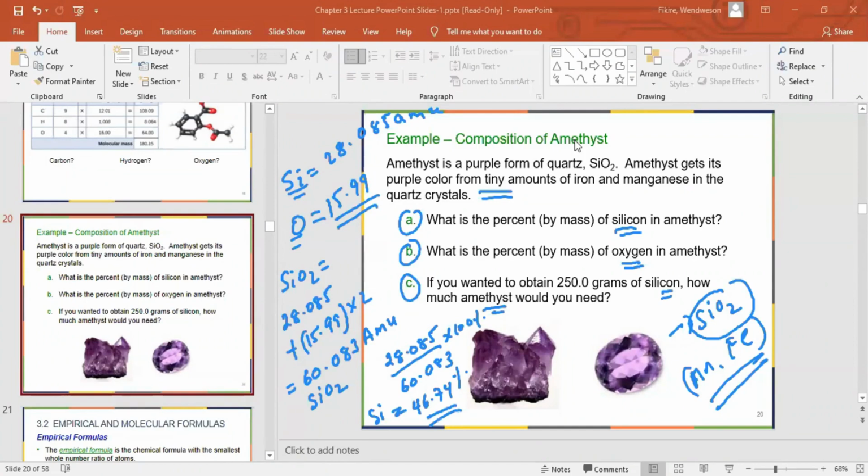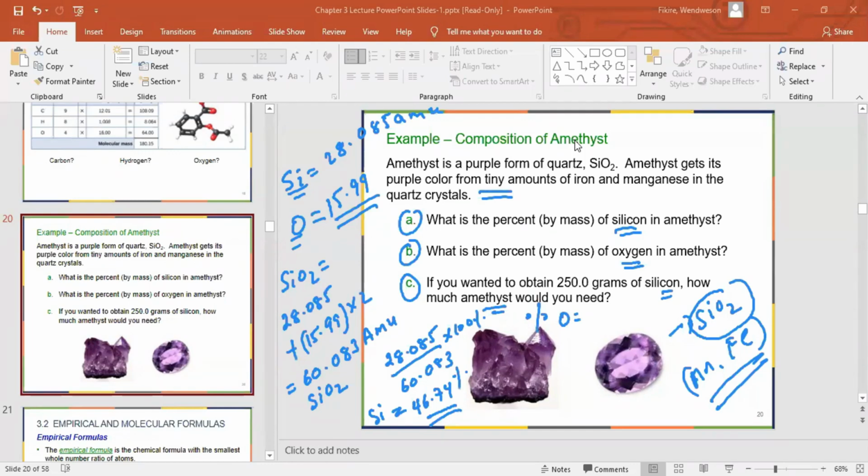For the oxygen, I'll take the 15.99 and multiply it times 2 to find out how much oxygen we have.